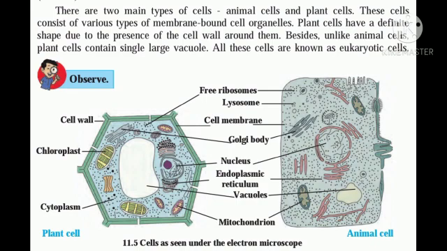These cells consist of various types of membrane-bound cell organelles. Plant cells have a definite shape due to the presence of the cell wall around them. Besides, unlike animal cells, plant cells contain a single large vacuole. All these cells are known as eukaryotic cells.